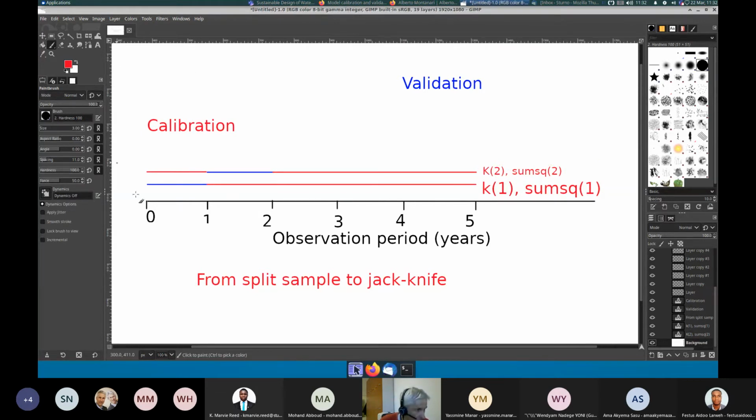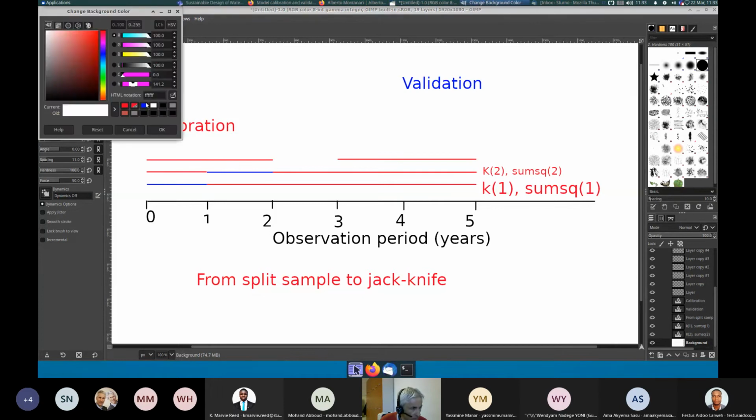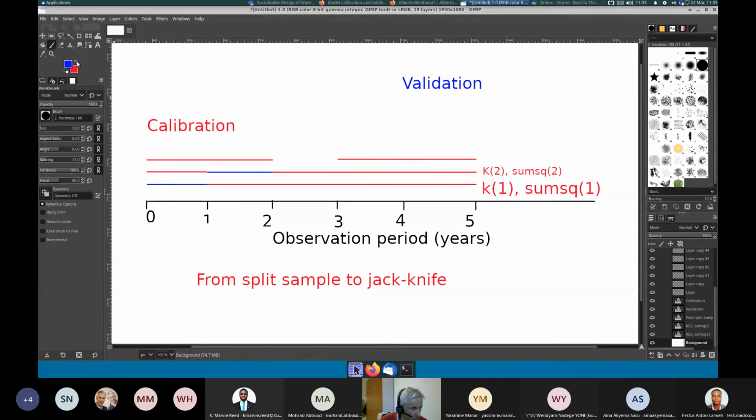Next one is first 2 years for calibration, and then years from 3 to 5, and then here in between I have my validation.